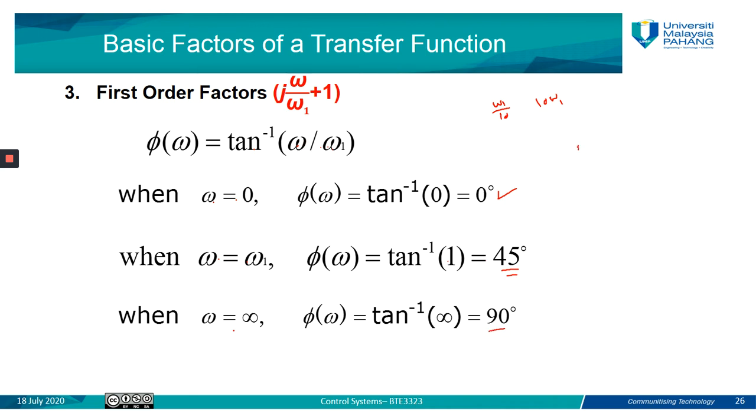So if we draw the plot for the angle, we have one point, omega 1 over 10, then we have the value of 10 omega 1. Before the first point it is 0, in between it is 45 per decade, and after that it will be 90.